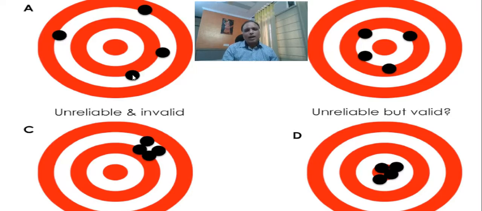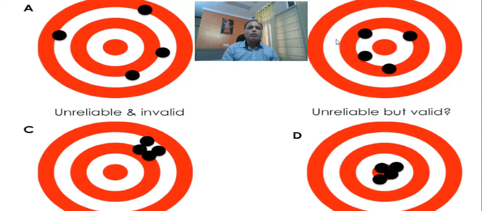So I am not reliable and my shooting is not valid too. You can see here everybody, I am not so reliable and I am not so valid because see the difference between 1, 2, 3, 4 quite good, and I am away. All these black dots are away from this main circle, red circle. So it's not valid, it's not reliable.